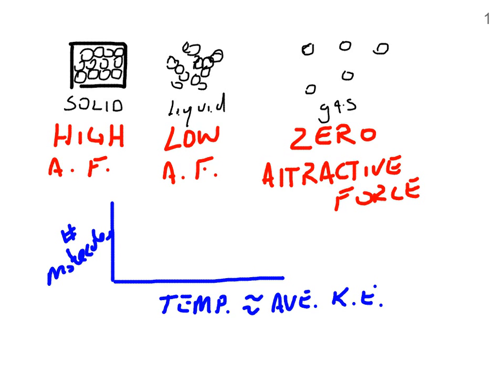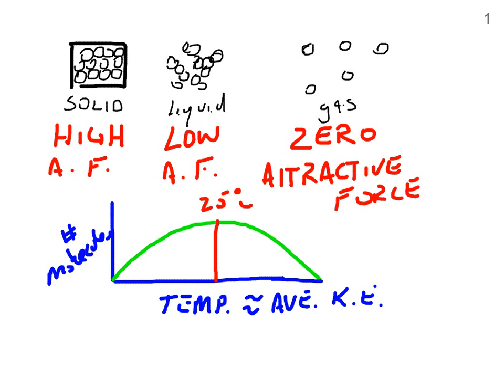If I were to look at this graph and say I'm looking at the room, and I measured all the kinetic energy of all the gas particles in there, I would get a graph that would look something like that, with the average being right here, room temperature. And let's say room temperature today is 25 degrees Celsius.